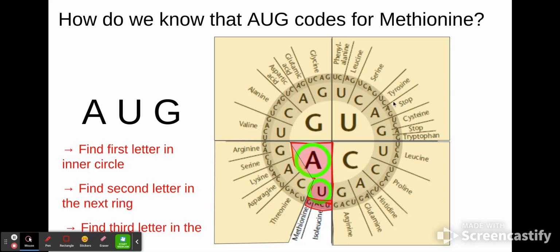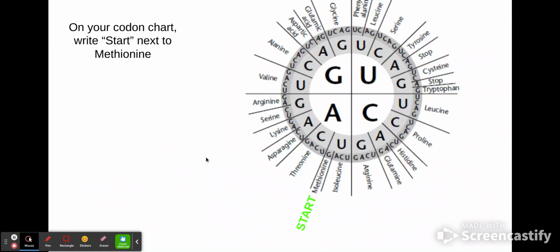G. So I'm going to find G in this third ring and see how it codes for methionine. So that's how we know which letter codes for what. What I would like you to do, because this is where we start all the time, is write start next to methionine. Or you could highlight it or write a star or something on your chart, because this is where we're starting with all of our codons.